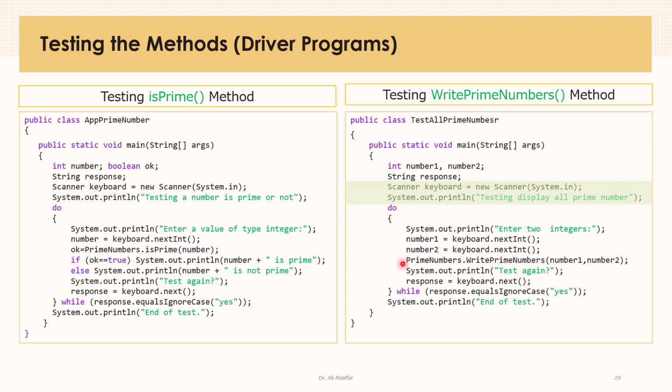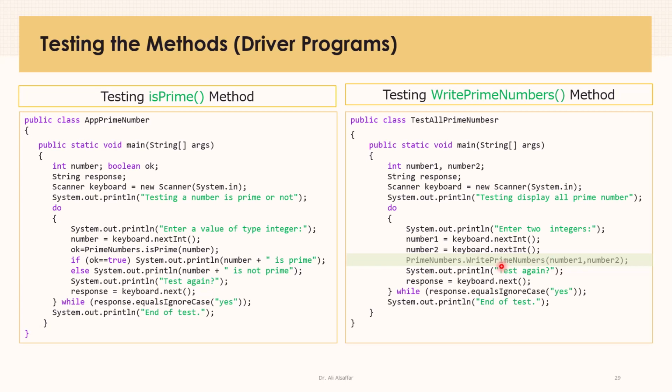So we have a do-while loop. First, in the beginning, we will display that this is a testing program, and then inside the loop, as we said, repeatedly, we will display a message to enter two integers, and we assume here that the user will give us number 1 smaller than number 2. Then these two numbers are supplied as input parameters to the method writePrimeNumbers.